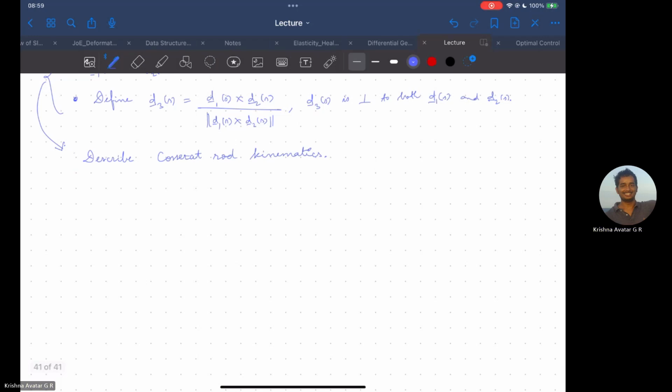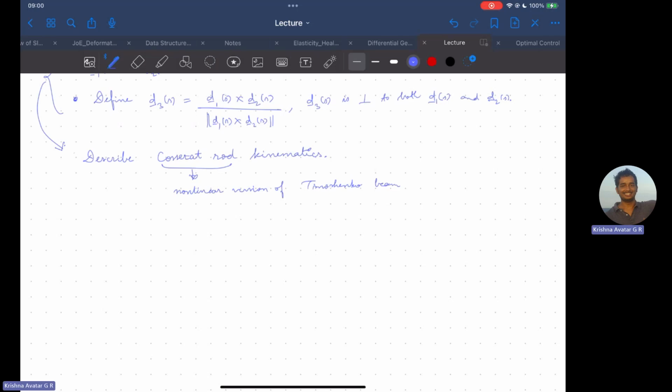However, the Cosserat rod can loosely be called a non-linear analog, a non-linear version of Timoshenko beam theory.